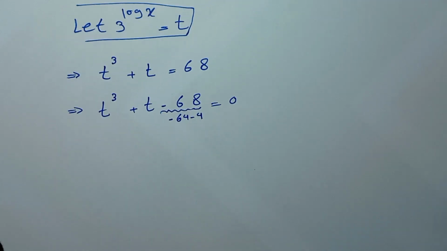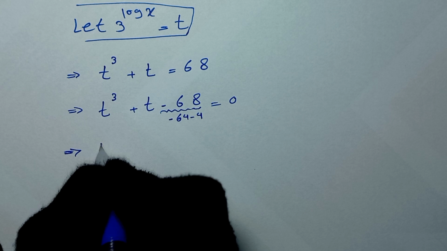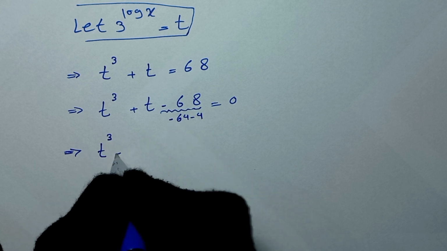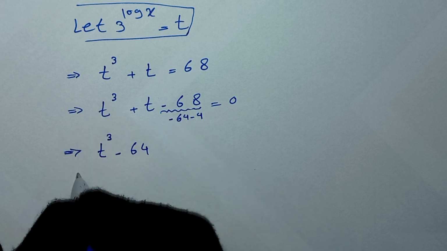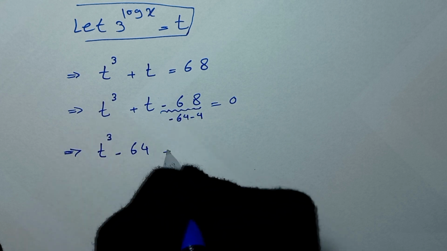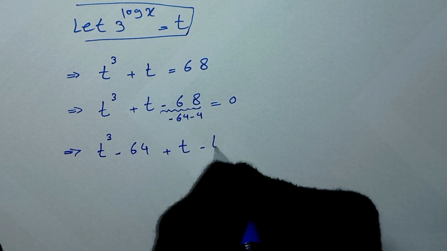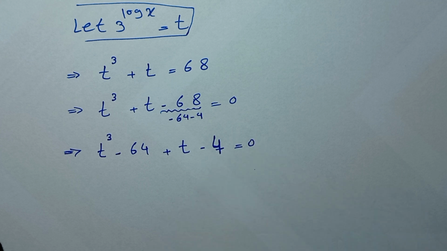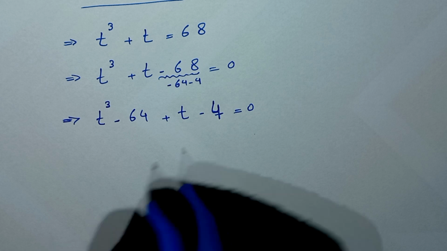So in the next step, we write t cubed minus 64, and plus t minus 4 is equal to 0.